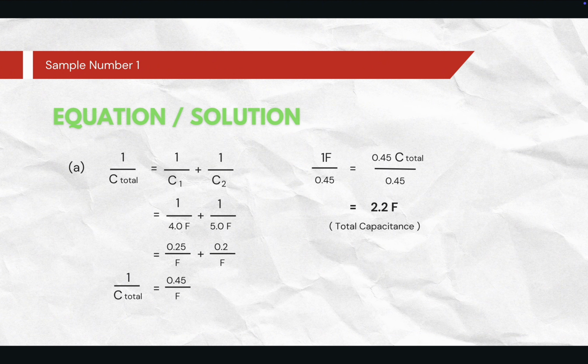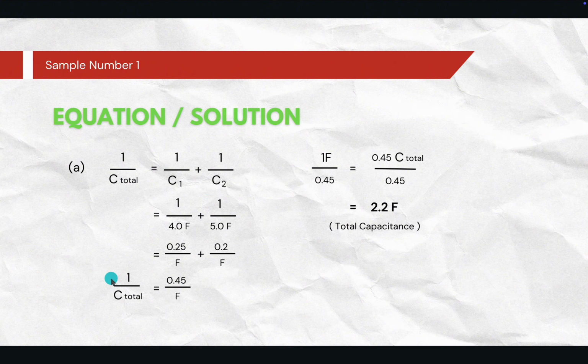Equation, mauuna yung total capacitance, 1 over C total. So, since dalawa lang naman yung capacitor natin, capacitor number 1 and number 2. Itong capacitor number 1, di ba 4.0 na sa denominator niya? 1 over 4.0 is equal to 0.25. Tapos yung isa naman is 1 over 5.0 is equal to 0.2.